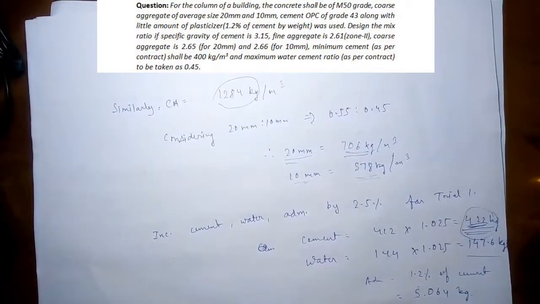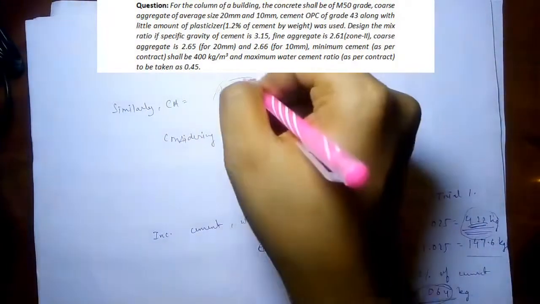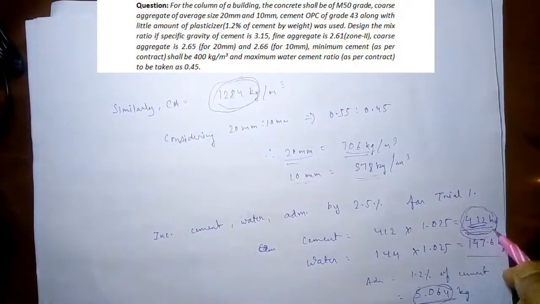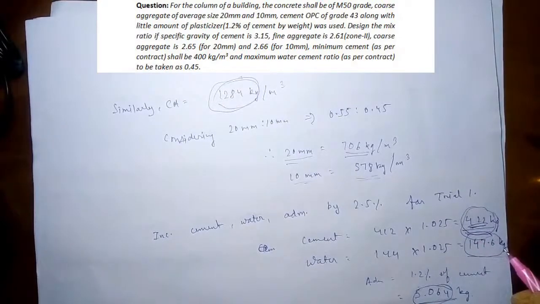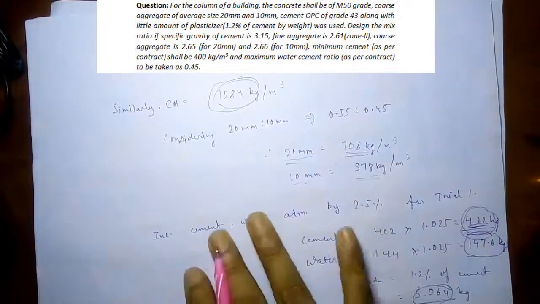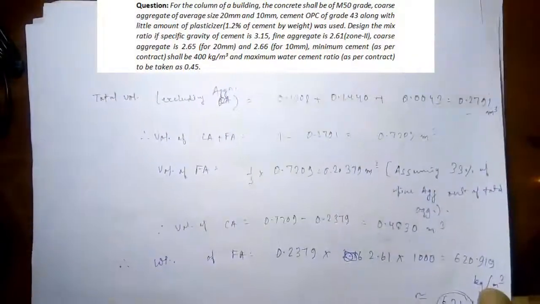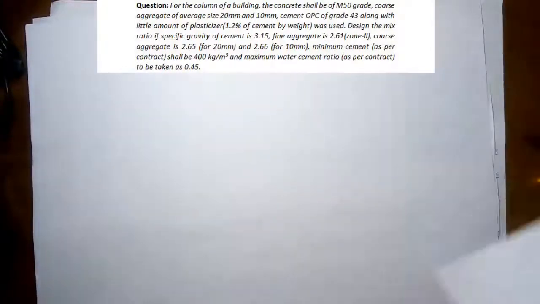So now I have admixture 5.064 kgs. I have aggregates as 1284 kgs, cement as 422 kgs, water as 147.6 kgs and fine aggregate is 621 kgs.